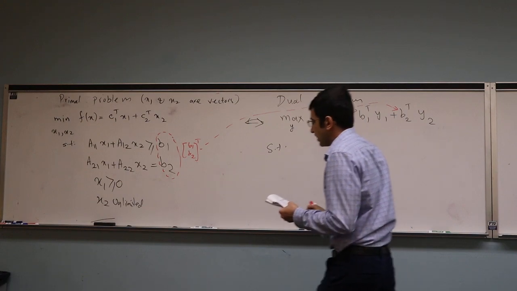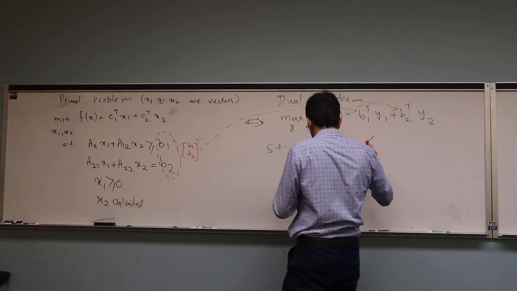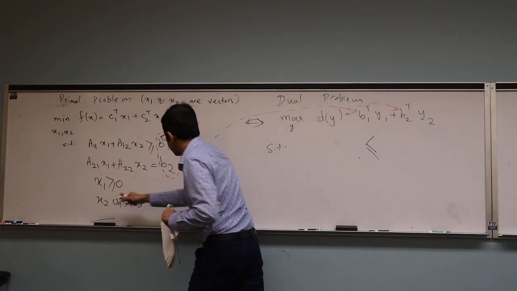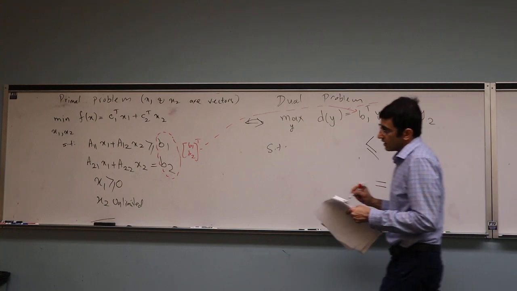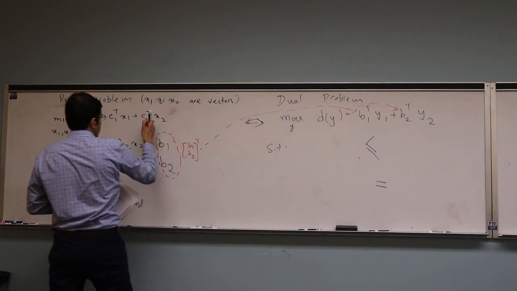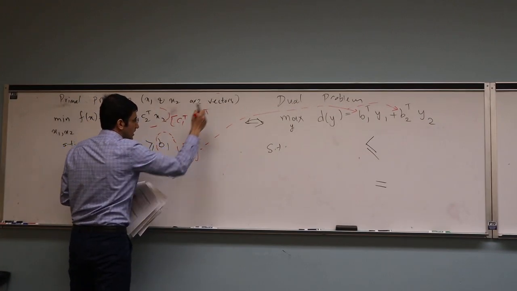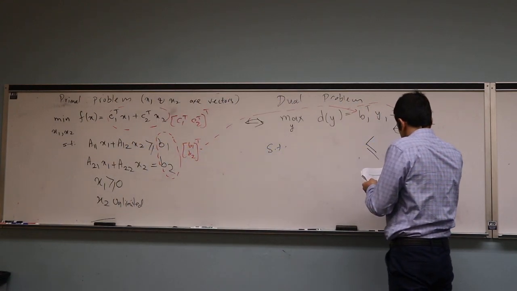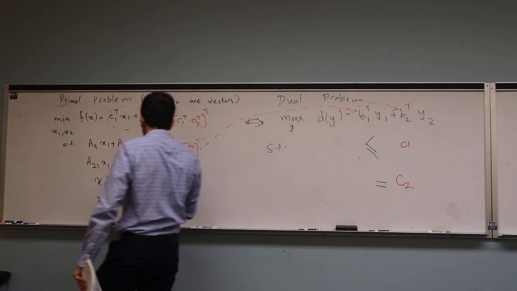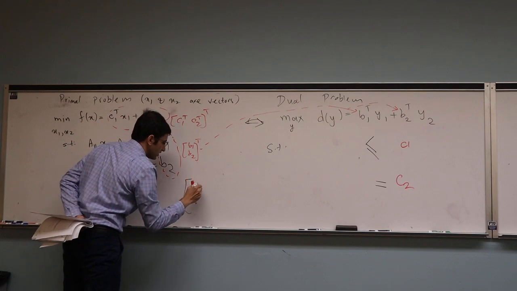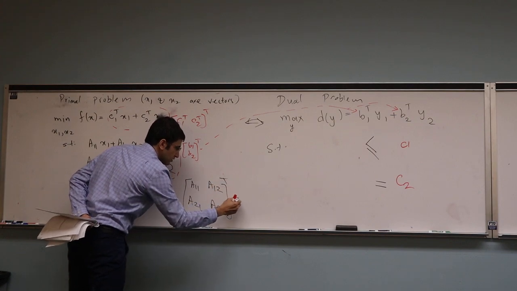So because we have x1 greater than or equal to 0, we will need inequality constraints here. And because x2 is unlimited, we will need the second set of constraints as equality. Again, if you recall, we have C1 transpose, C2 transpose. We transpose them and bring them here as C1 and C2. We have a blocked matrix of coefficients for the constraint, A11, A12, A21, A22 transpose.